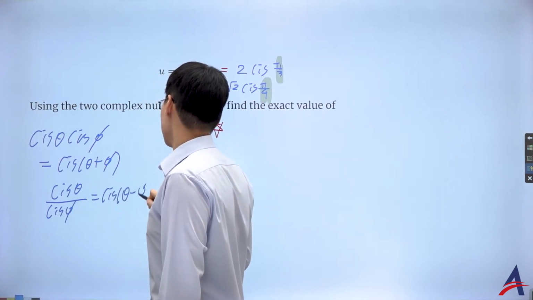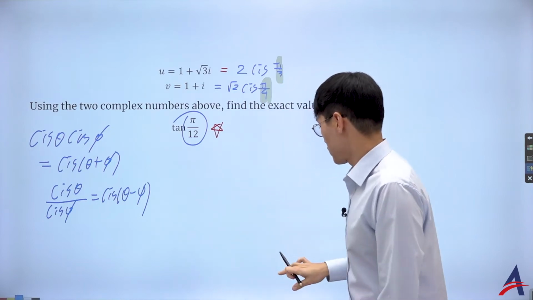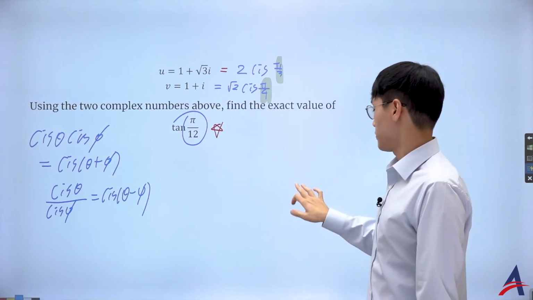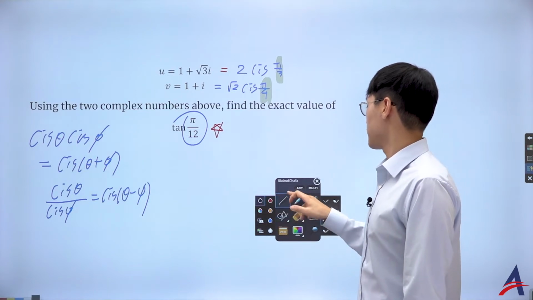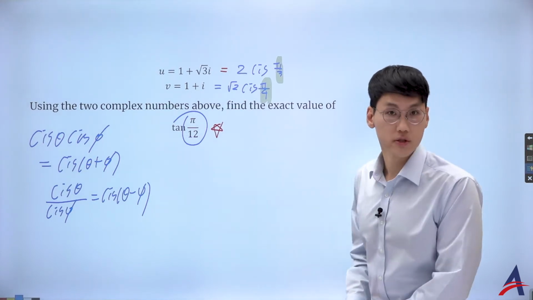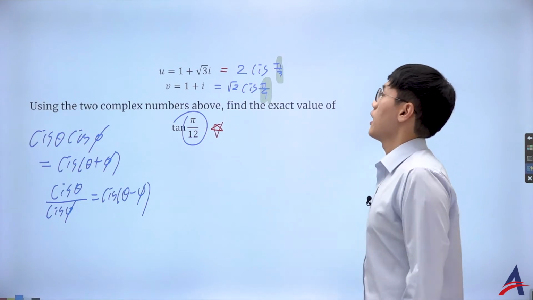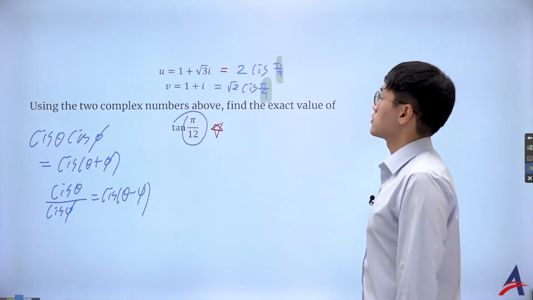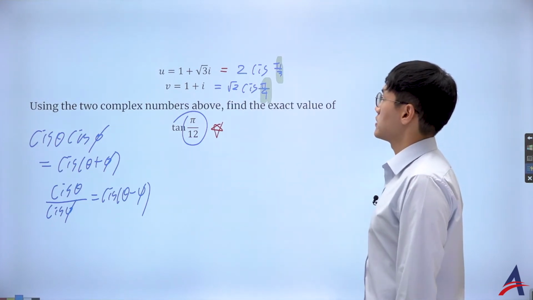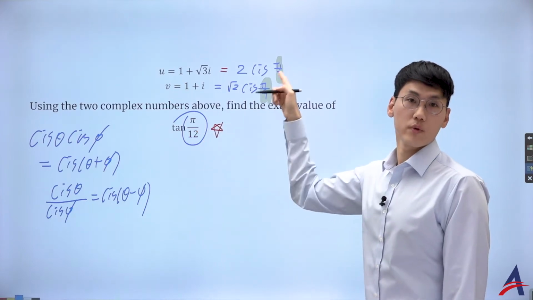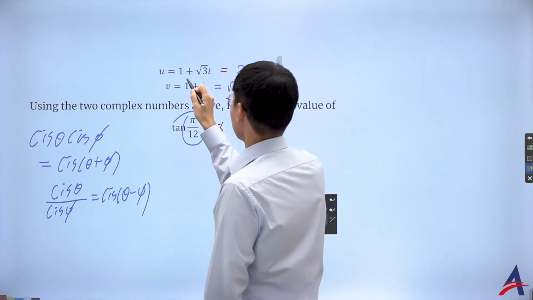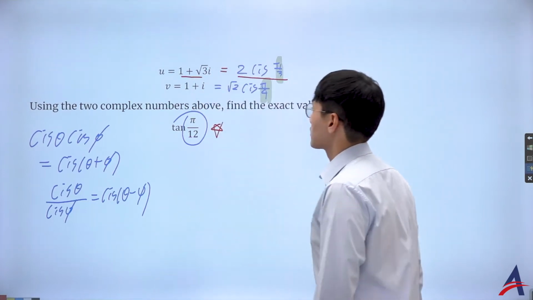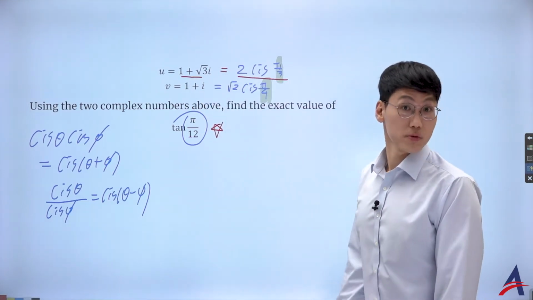Those are the things that we should know and be able to prove using the compound angle of trigonometry, and obviously that can be asked in the exam or the school test. So what you want to do here is to realize that you get pi over 12 when you subtract the arguments. That means you want to divide, right? So you want to divide these forms and then compare the real and imaginary part. So let's have a look.